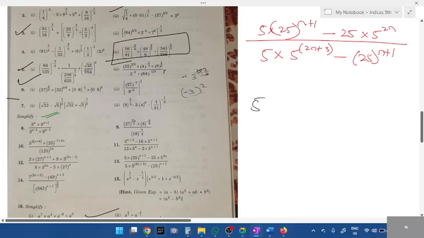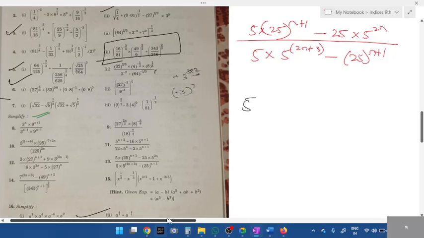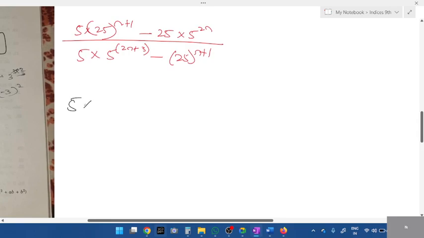Both of your answers. 5 into 5 square. If you open the bracket, what do you get? 5 square, right? Into 5 to the power of 5.